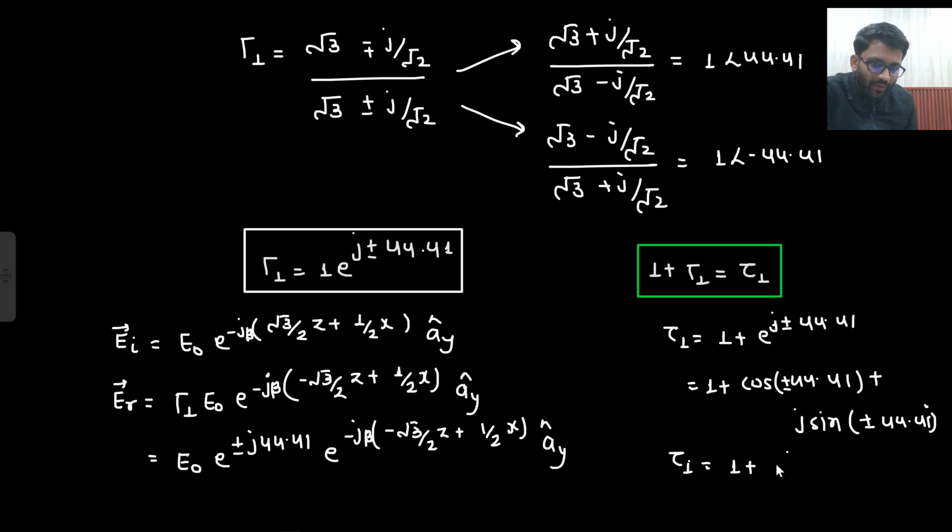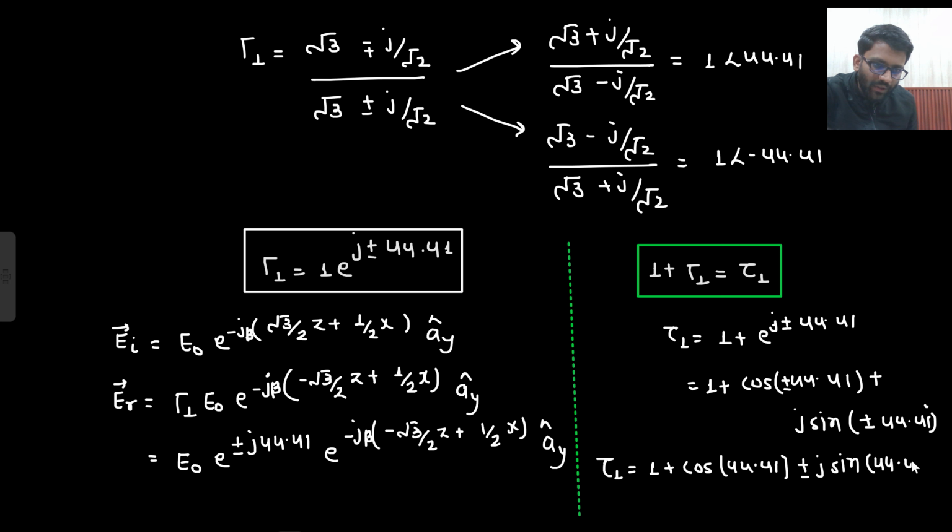So my tau perpendicular would be 1 plus cos 44.41 plus minus j sine 44.41 degree.